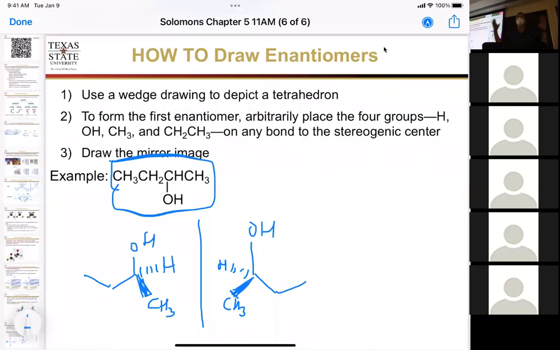Start from the mirror and draw out. Don't try to just rotate it and do anything like that. If you do it from the mirror, you're going to get the structure more often than not. Okay, so that being said, do we know how to draw enantiomers now? We still haven't figured out how to name them. We know they're different, but we're going to get to that later.